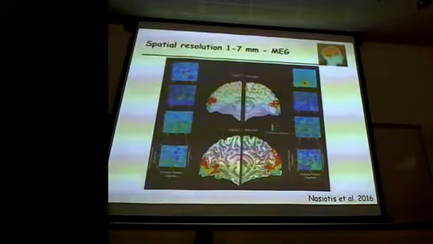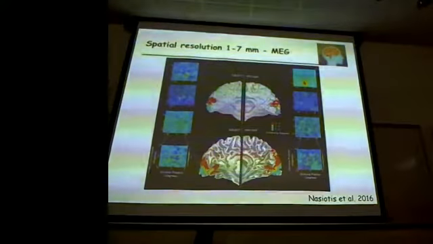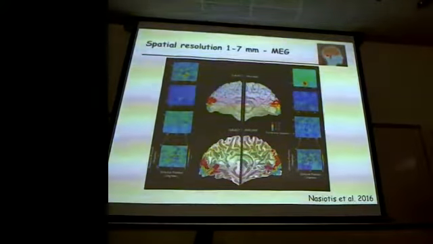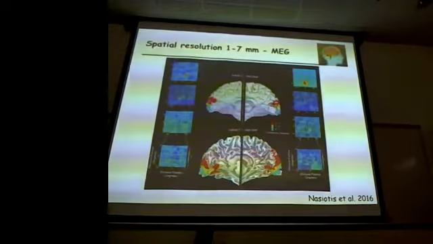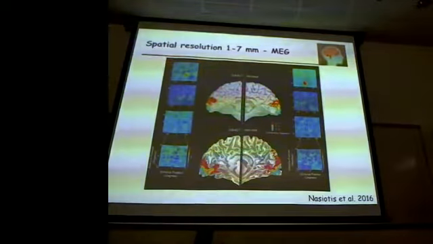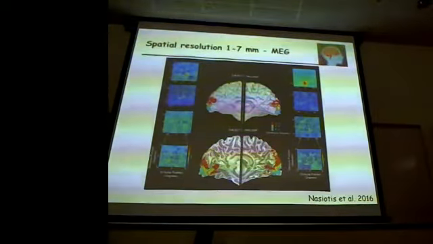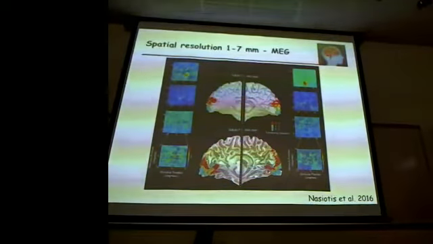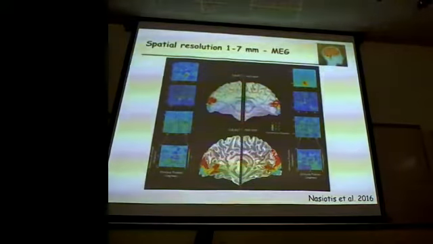And there are a couple of other studies that have come out recently that are also arguing that MEG resolution can be probably in this range. Really argues against the current understanding or assumptions that MEG has much poorer spatial resolution than fMRI. So that's always been kind of the argument for fMRI over MEG, and there are recent studies that are arguing that point.